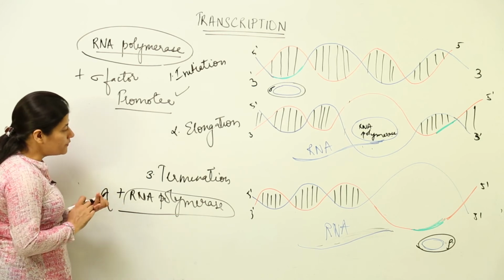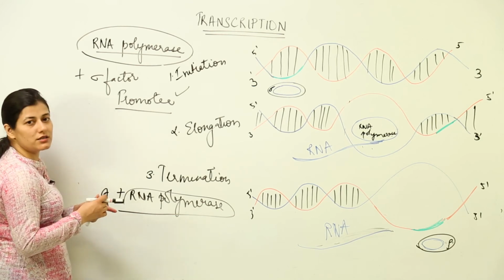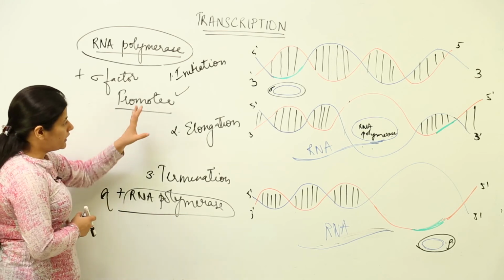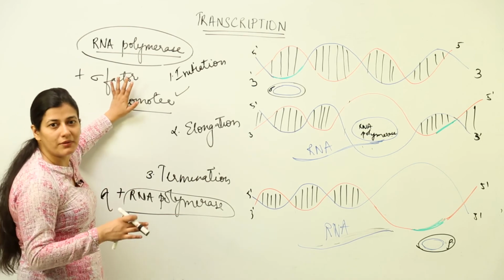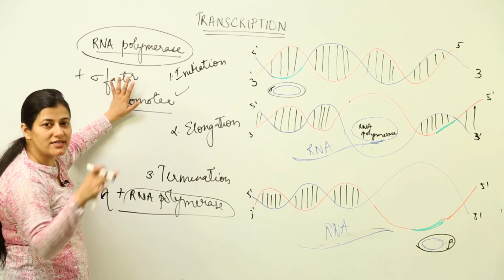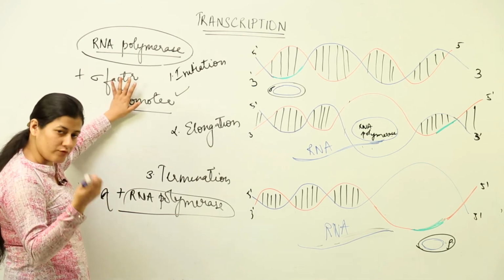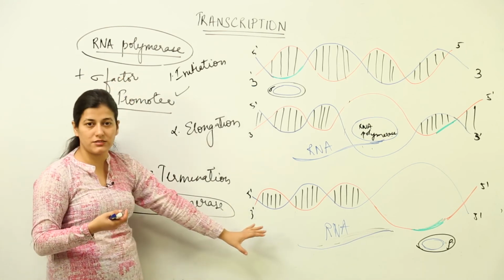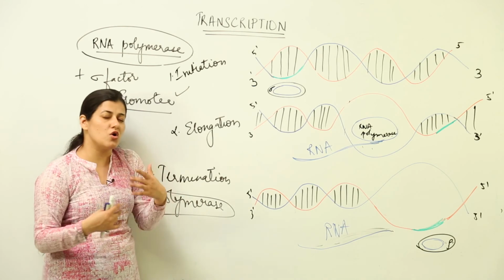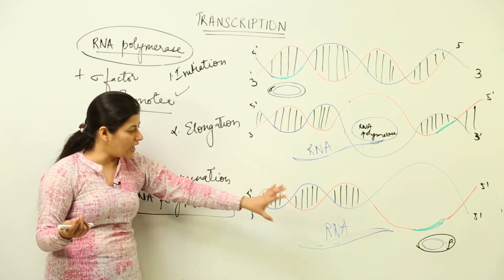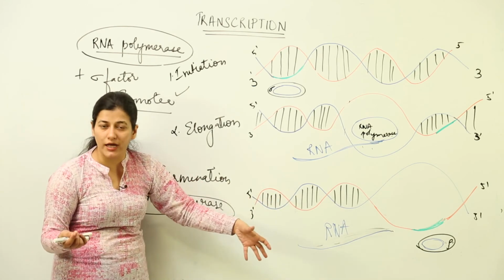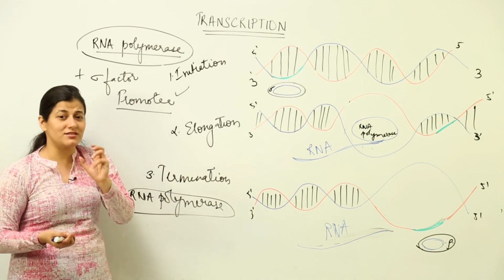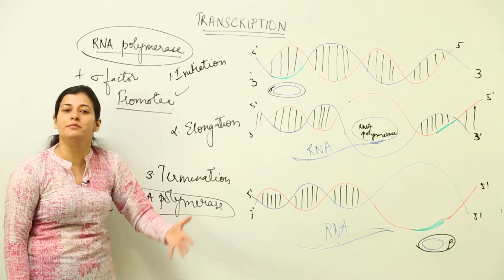Now, as I told you, the process till here is similar in prokaryotes and eukaryotes. Now, in prokaryotes, there is no compartmentalization. Nucleus is not separate from cytosol. Whatever is there is present in the cytosol. So, as soon as this RNA is being formed, there is no problematic concept of forming this RNA, converting it into messenger RNA, and the protein formation, that is protein synthesis known as translation, may start simultaneously.